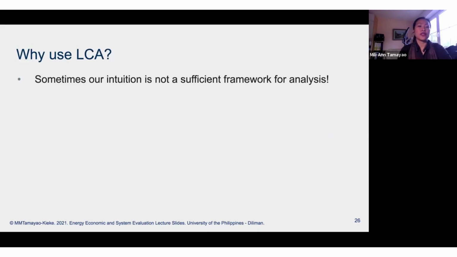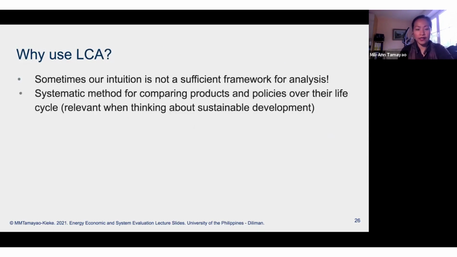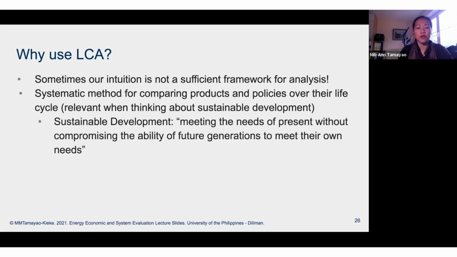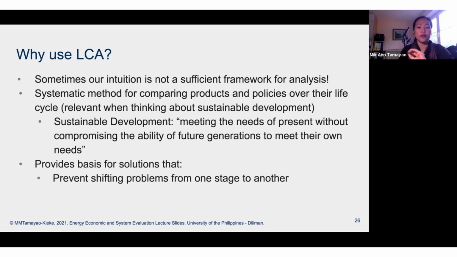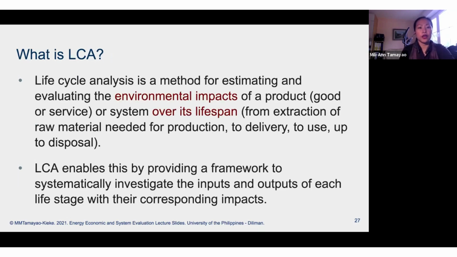So again, why use LCA? Sometimes your intuition is not a sufficient framework for analysis. It provides you a systematic method for comparing products and systems, and we want to always take into consideration sustainable development. And we don't want to shift problems from one stage to another or switch from one burden to another.